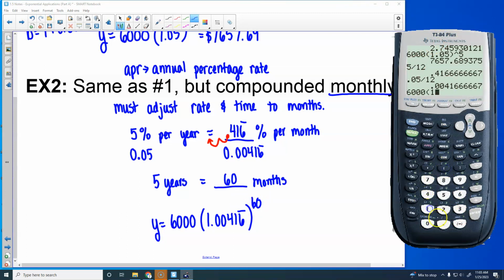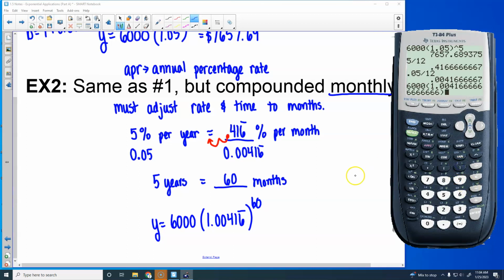And to do repeating decimals on this calculator, just put a bunch of 6s. It'll be close enough, because it's eventually going to get where the calculator can't be more precise than that. So there's no specific number. 10 is probably plenty. A few extra don't hurt. Just put a bunch of 6s there.